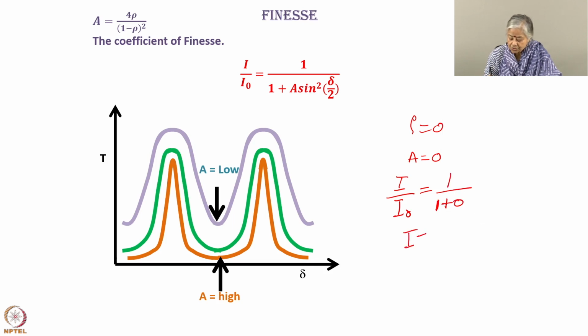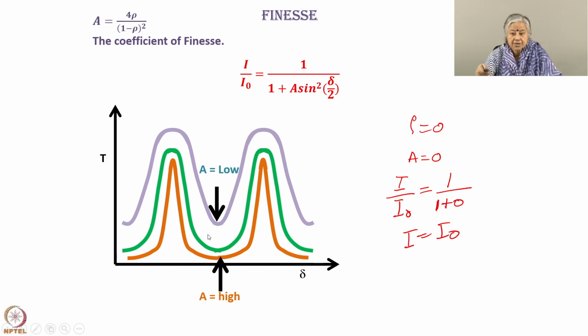So, I is equal to I0. That means whatever was my initial intensity, the maximum intensity occurs at I equal to I0. So, actually it corresponds to this point here, and this axis is the delta. I equal to I0 comes at a certain delta.